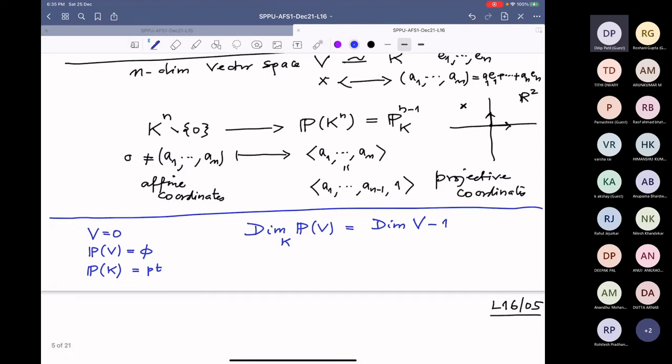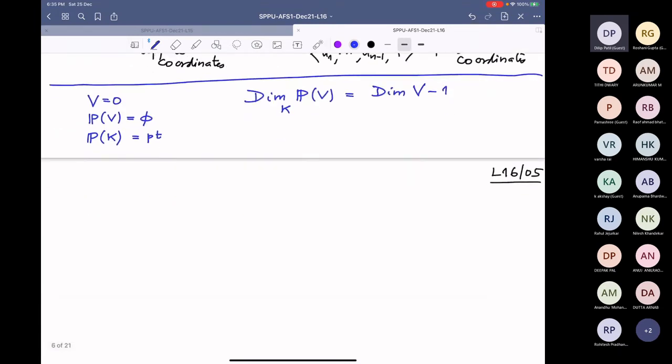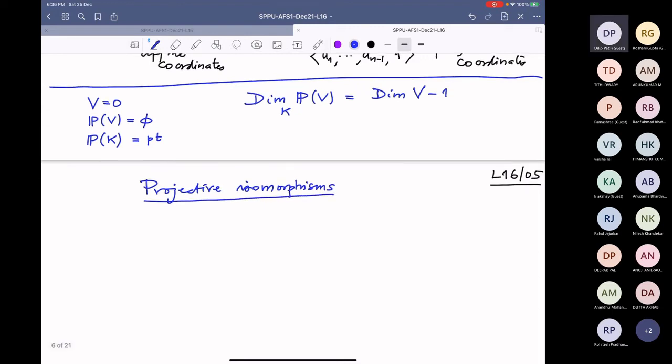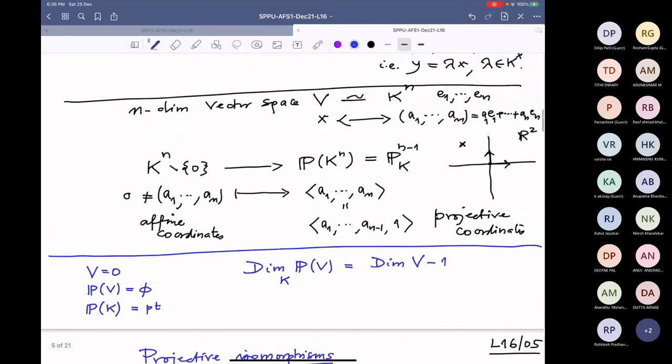But now I want to go to projective automorphisms or projective isomorphisms. What should it mean? Remember, in the affine case, what did we do?